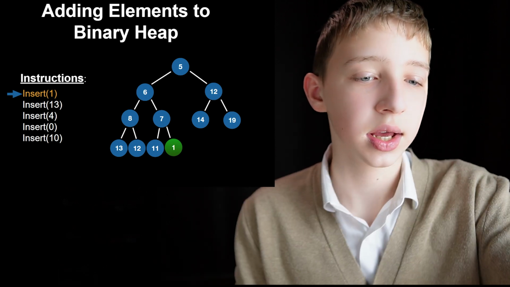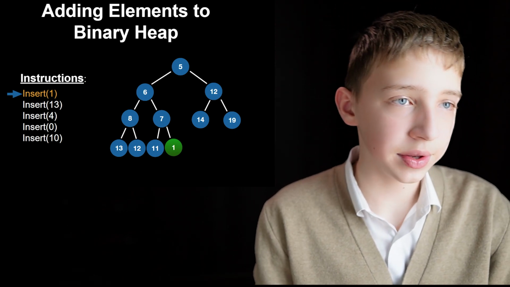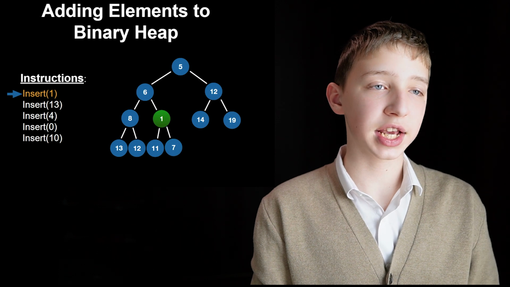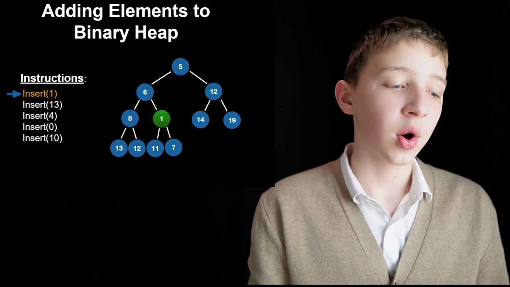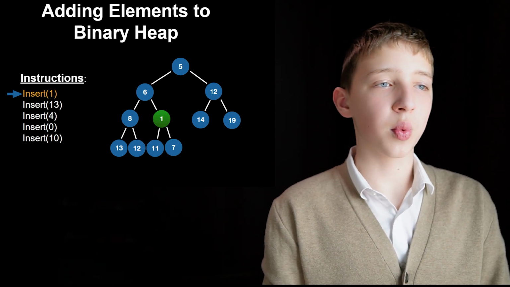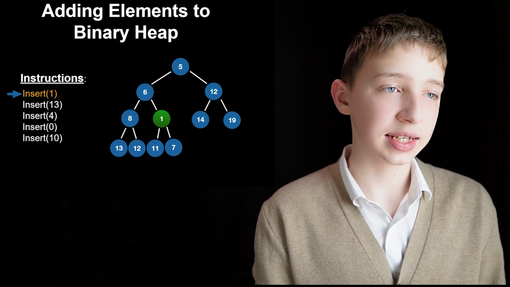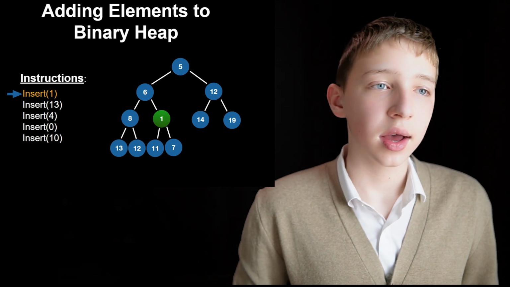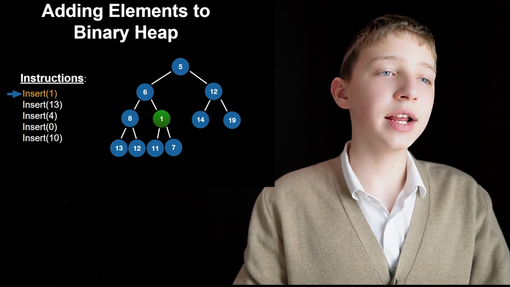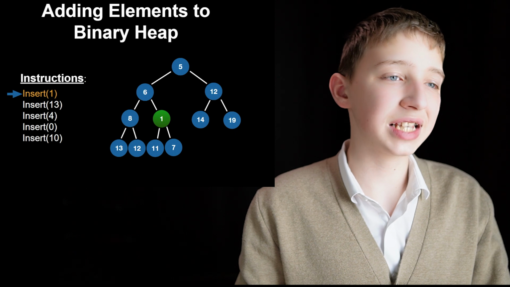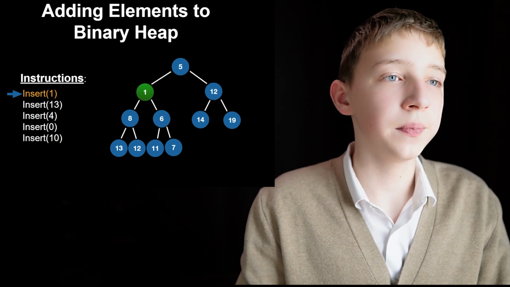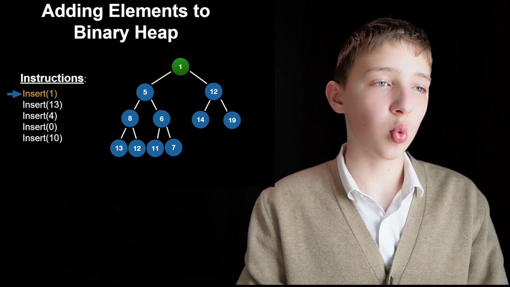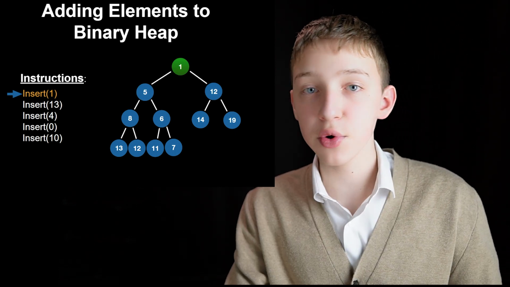We can just swap 1 and 7, but we're still in violation of the heap property, since 1 is a child of 6. Now with 1 and 7 swapped we don't violate the heap there, so we continue. We swap 6 and 1, and yet again we're in violation of the heap property, so we swap 1 and 5, its parent.